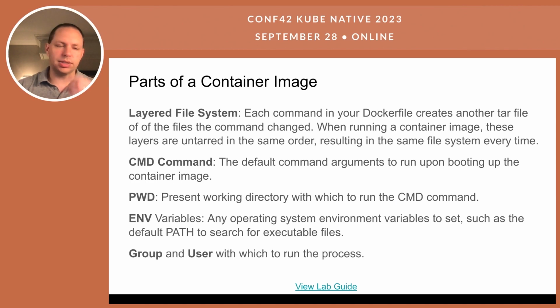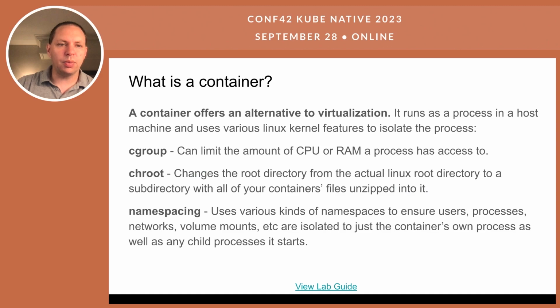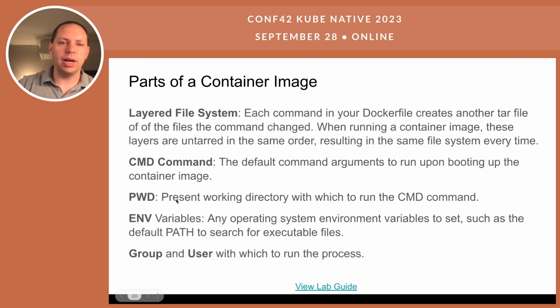Let's talk about the parts of a container image. So I mentioned that we do things like C groups, chroot, and namespacing. I should say the container runtime engine, whether that's Docker or containerd, takes care of this for you. And in a container, you create a container image. The image is actually a layered file system. So technically what that means is it's a series of tar files that get unzipped one after another.